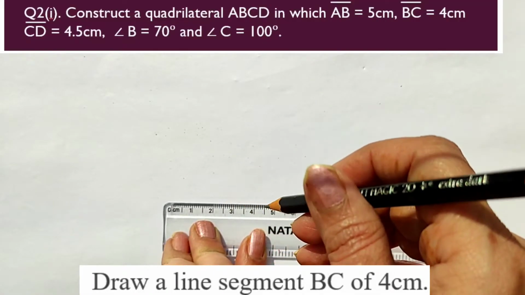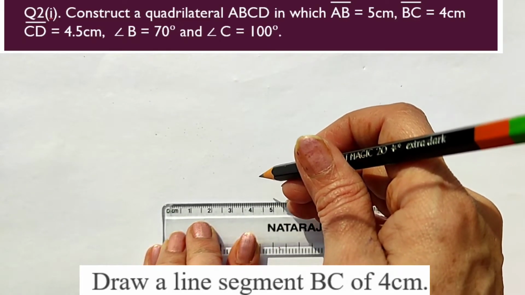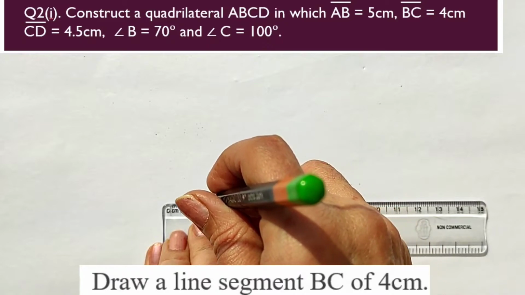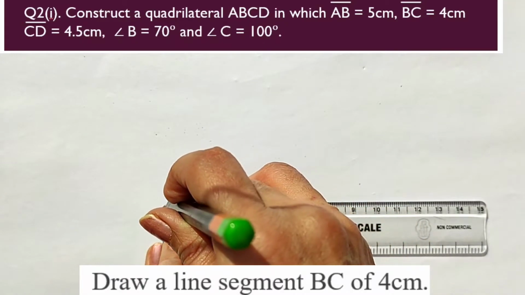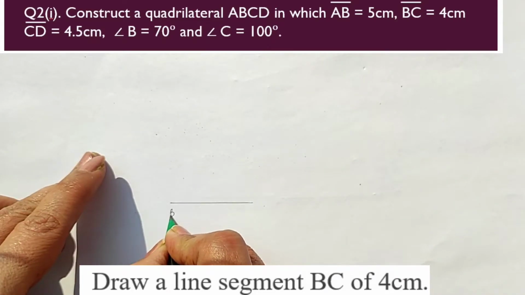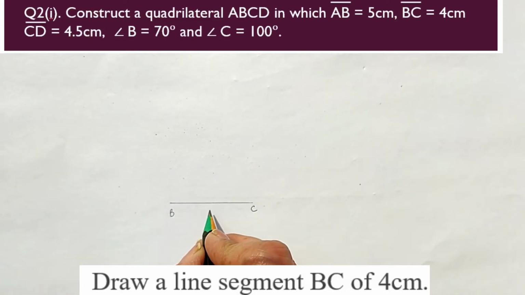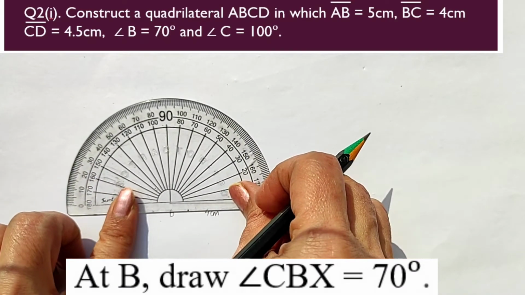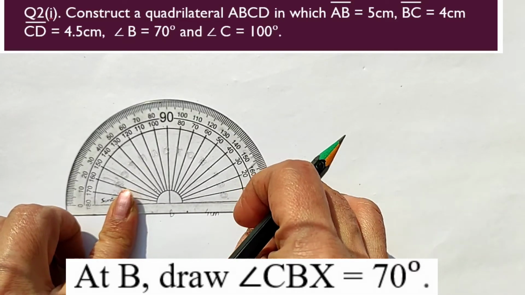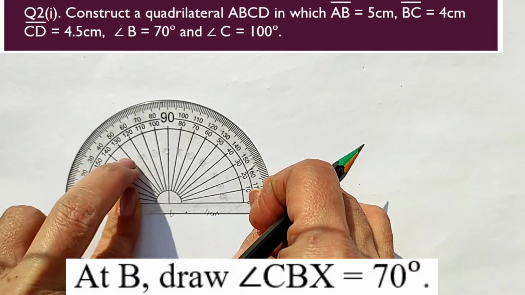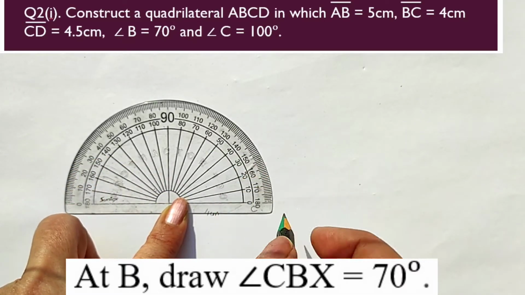My first step is to draw line segment BC equal to the length 4 centimeters. So let us do that. I mark the endpoints B and C such that BC is equal to 4 centimeters. Now the next step is that at B I need to make an angle of 70 degrees. 70 degrees cannot be made with the compass, so I use the protractor to make a 70-degree angle such that angle CBX is 70 degrees.